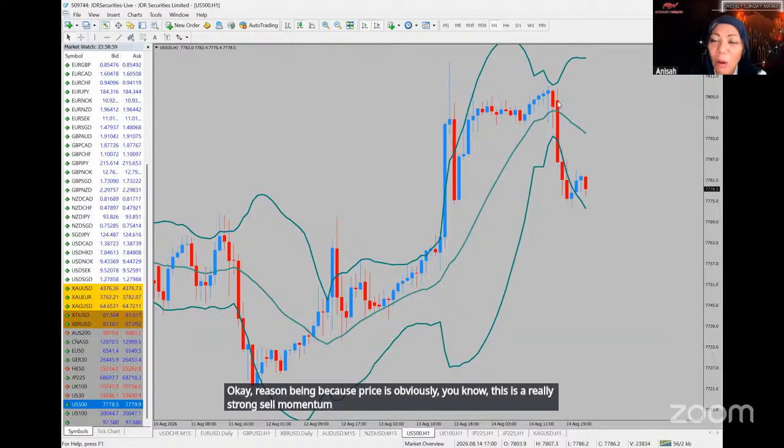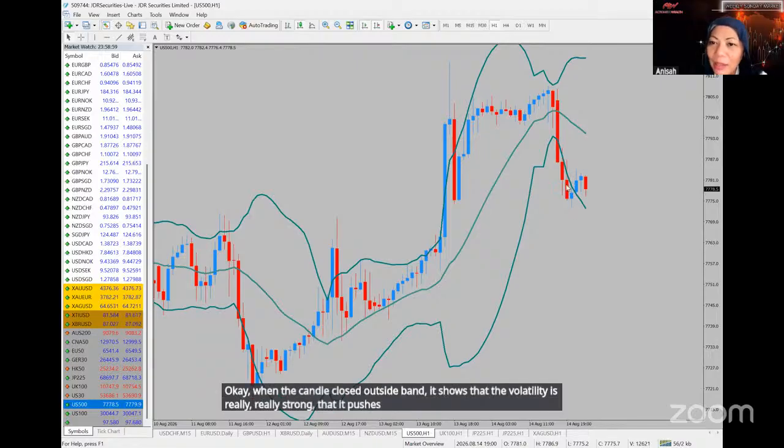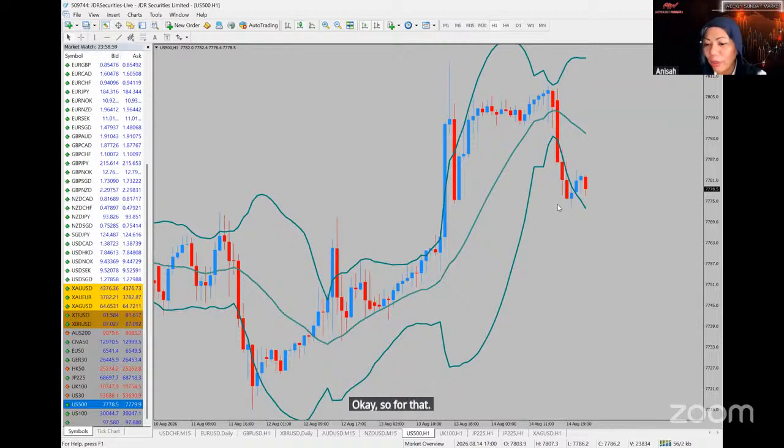Look at how long the body is. That is a really huge momentum. When the candle closes outside the band, it shows that the volatility is really strong, pushing the candle outside the band. So for that, I am more confident to go short.